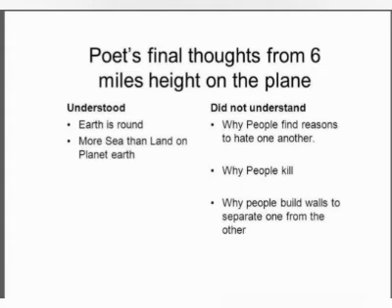That was why people find reasons to hate one another, why people kill, why people build walls to separate one from the other. So these were the two thoughts which the poet was continuously going through in his mind when he was at the 6 miles height on the plane.